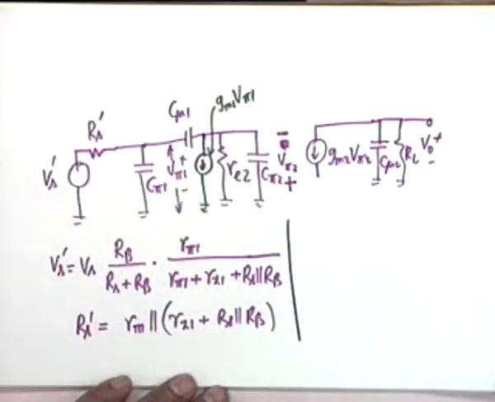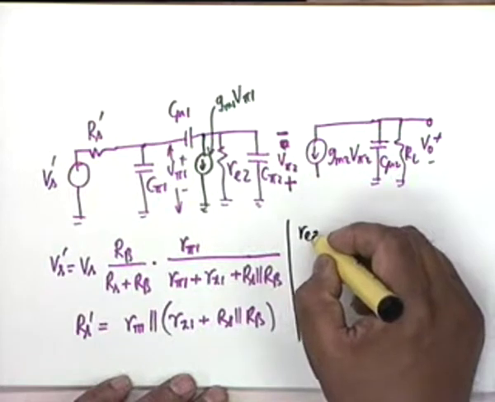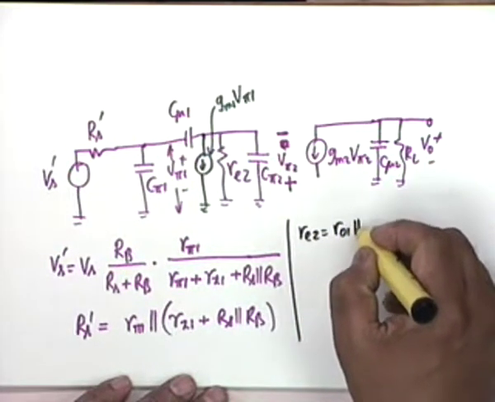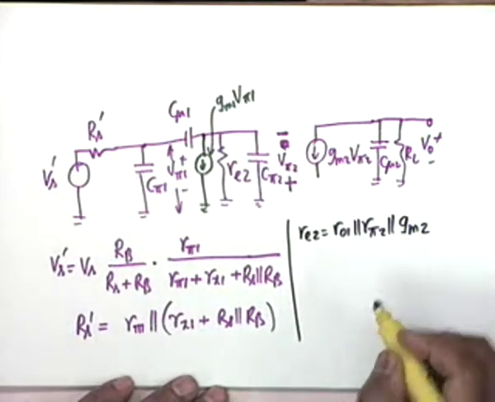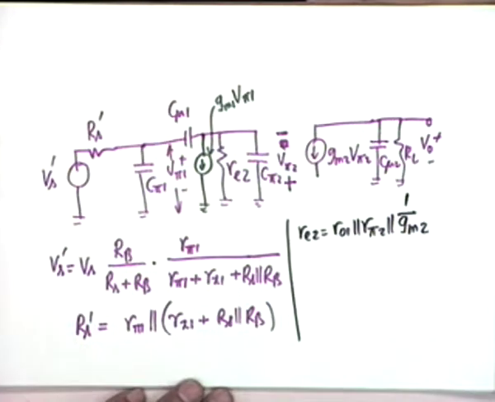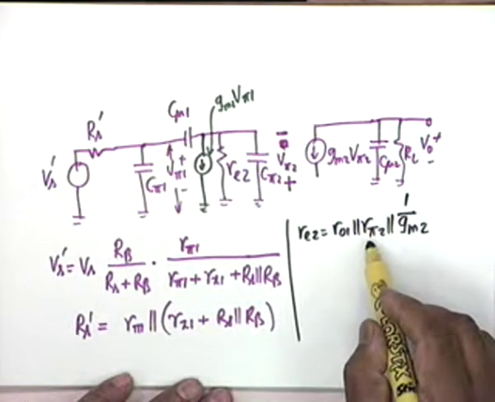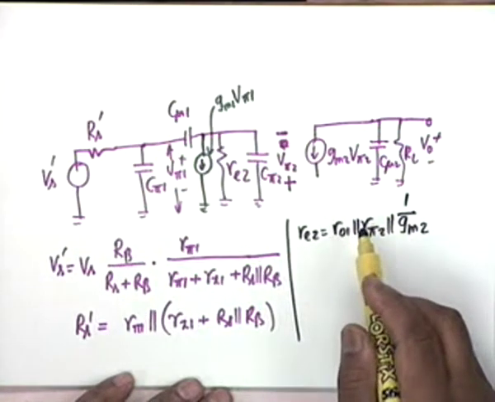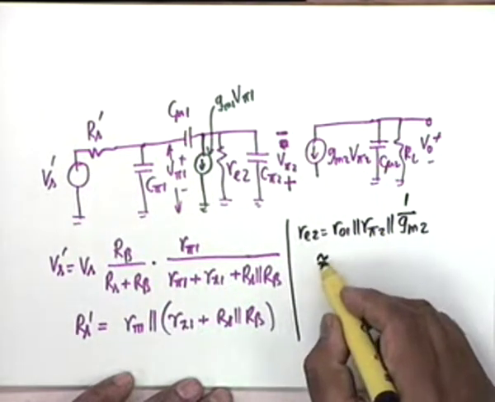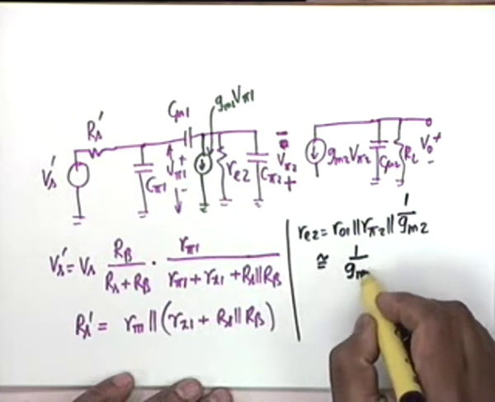First, you notice that RE2, which is the parallel combination of R01 parallel R pi 2 parallel 1 by GM2, if beta is large, then this is approximately 1 by GM2, and R01 is a large quantity anyway, therefore RE2 is approximately 1 by GM2.